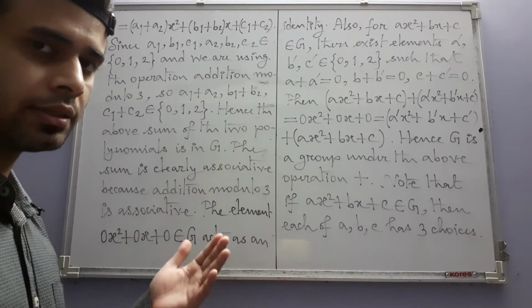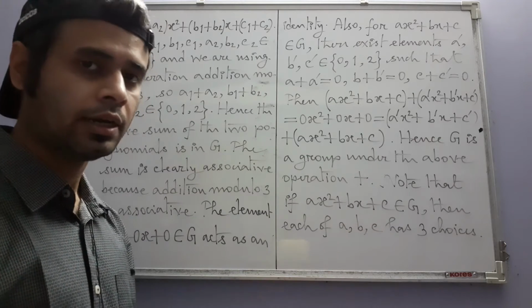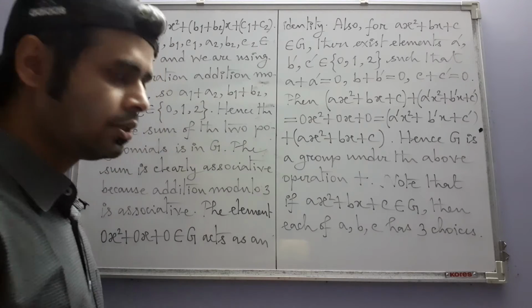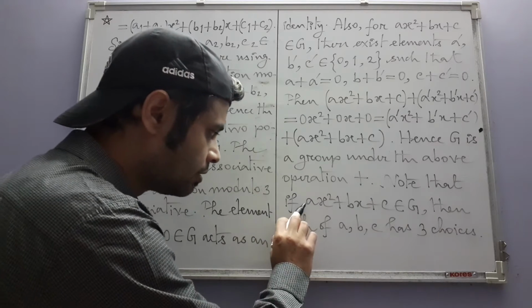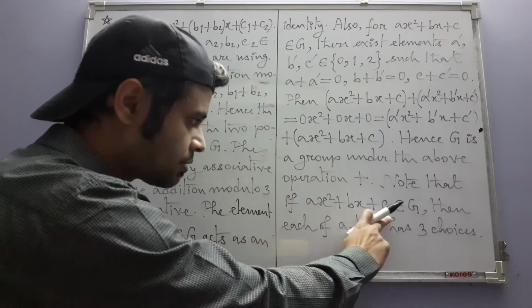B can also be either 0 or 1 or 2, and independent of these two things, C can also be either 0 or 1 or 2. So in total we will get 27, 3 times 3 times 3, 27 such polynomials.